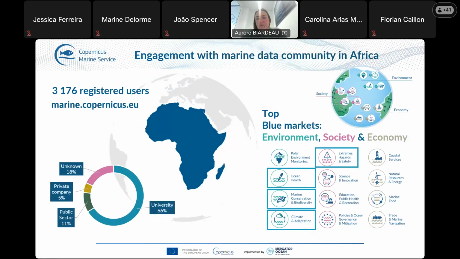We asked the users the main markets that they use the data for. The main markets are environment and society, such as ocean health, marine conservation and biodiversity, climate and adaptation, and also extremes, hazards, and safety.